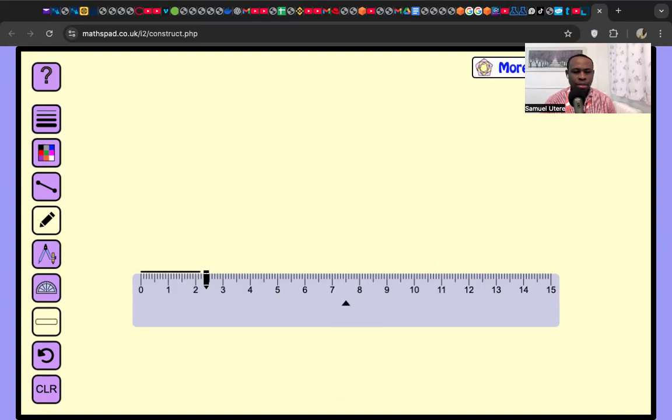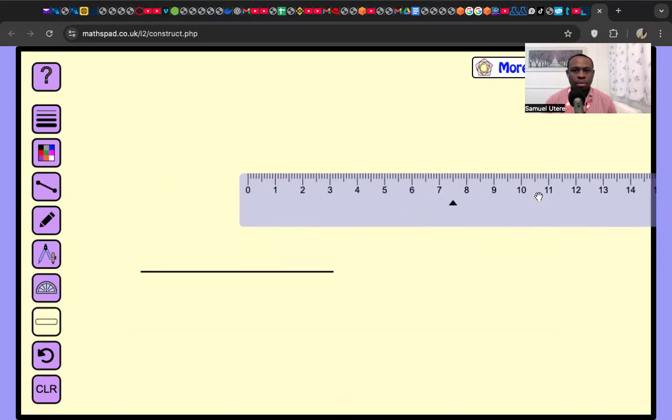So we put it, so 7 centimeter. Okay. We move the ruler, we take our compass. So this is 7 centimeter. So let's just write the length in to make sure.